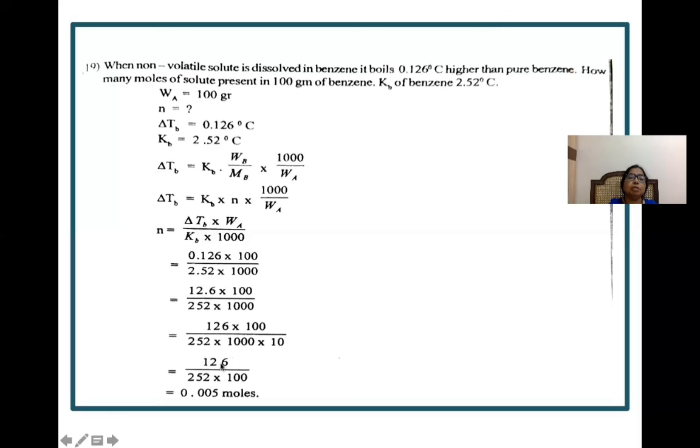So 126 divided by 252 into 100. Cancelling of the zeros, finally we will get 0.005 moles. This is the number of moles of the solute.